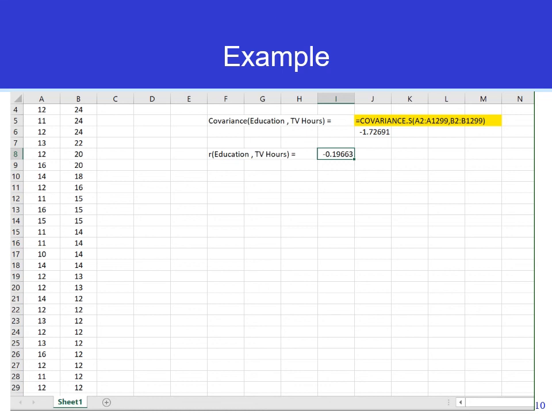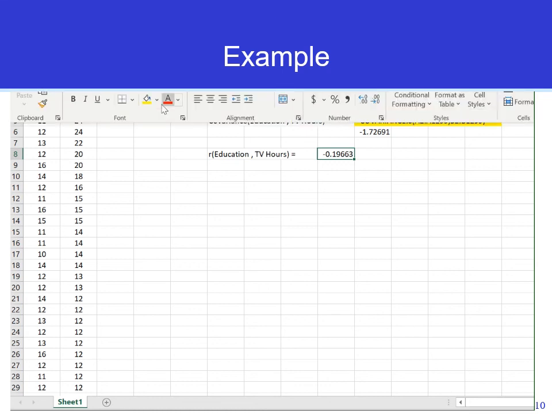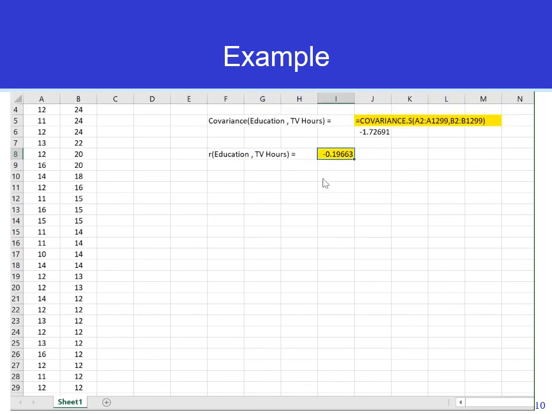So this is the coefficient of correlation, and that value is negative 0.19, or about negative 20%. This also shows that there is a negative relationship, but the relationship is not that strong. It's a weak negative relationship, but it still is negative.